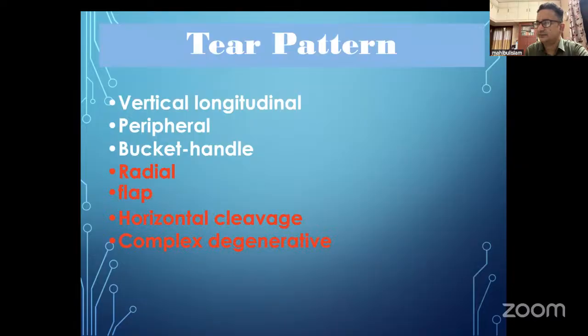Meniscus tears present in various patterns, affecting treatment decisions. Vertical, longitudinal, peripheral, and bucket-handle tears often occur in the vascular zone and are very repairable, while radial, flap tears and horizontal cleavage tears disrupt the meniscal integrity. Complex degenerative tears, common in older patients, typically require debridement over repair due to poor healing potential.